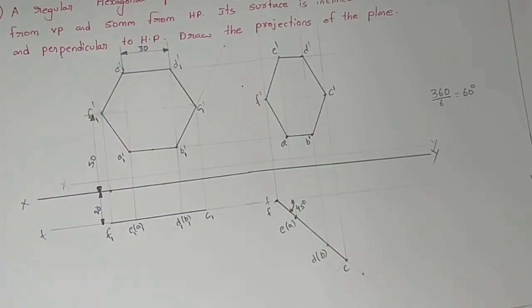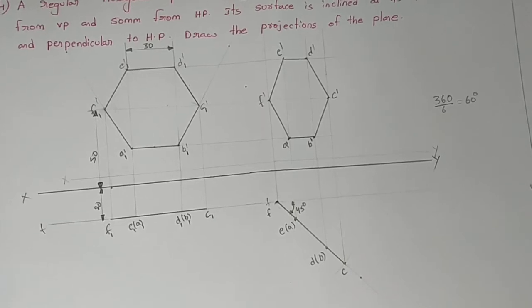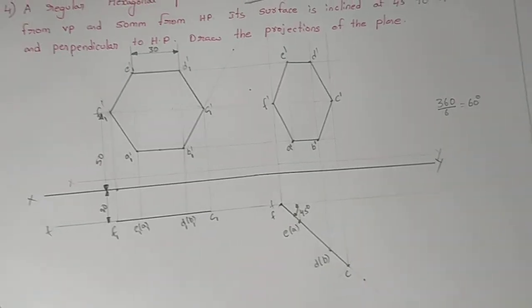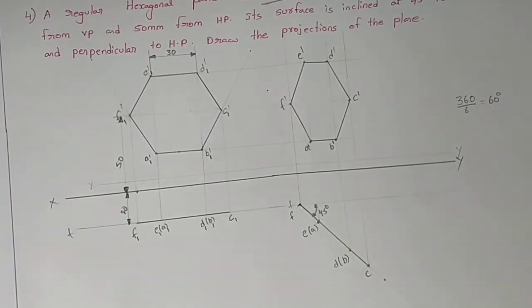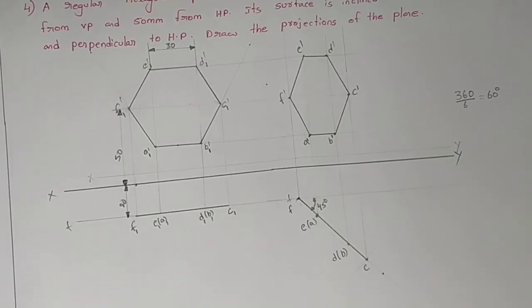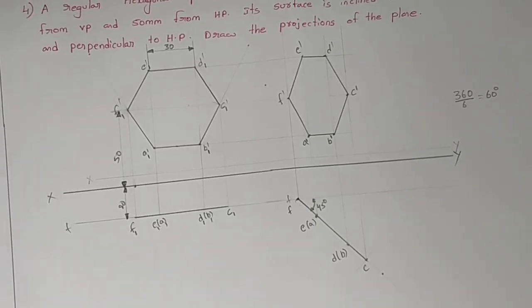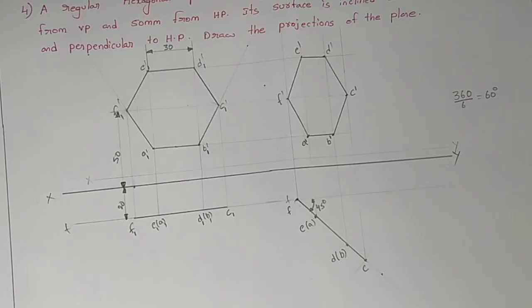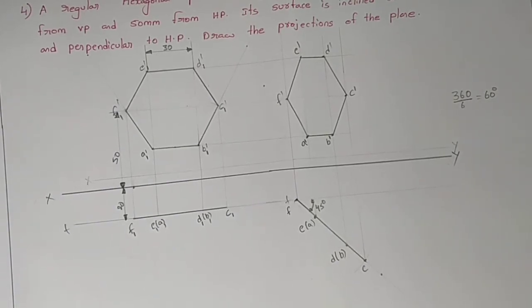Okay, now we completed front view and top view for the given object. Here I used to draw the hexagon by using the angular method.